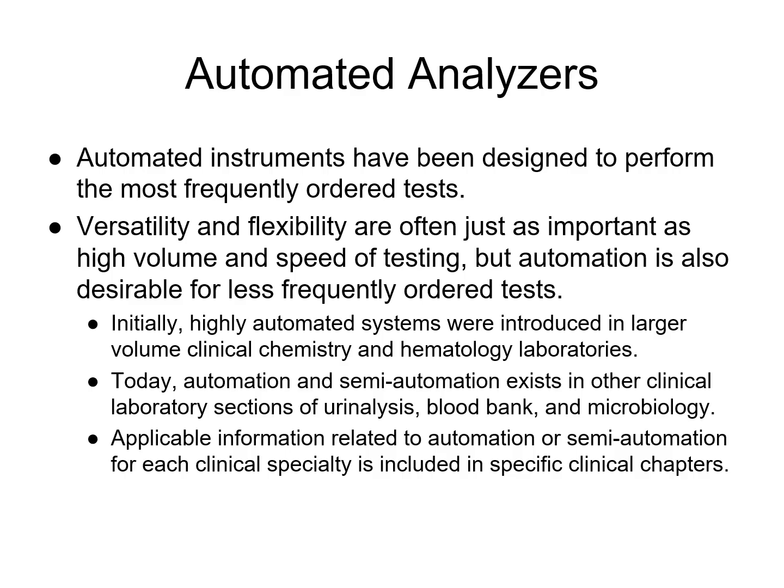Initially, automation was introduced in high volume areas like clinical chemistry and hematology, but today automation and semi-automation extend to the other departments as well, such as urinalysis, blood bank, and micro. Detailed information on automation specific to each clinical specialty will be covered in clinical chapters, and in your differing courses such as chemistry or hematology as well.